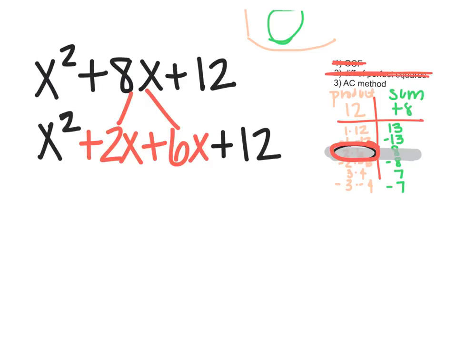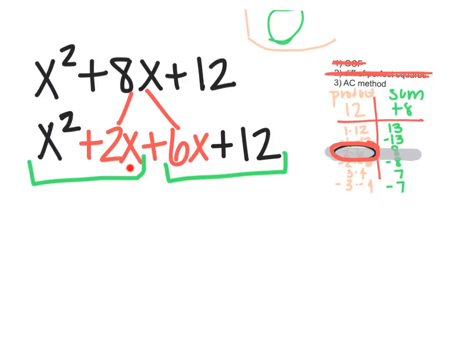Instead of having an 8x, I wrote 2x plus 6x, because 2x plus 6x is 8x. It's the same problem, just written a little differently, and it has the same value. My next step is to group, and then factor. I'm going to group these into two groups and look for what each group has in common.